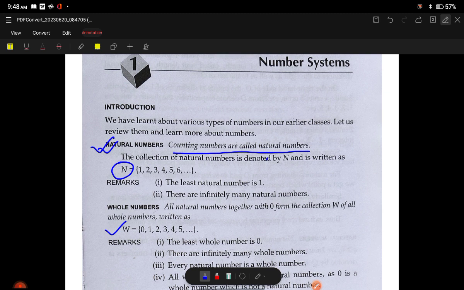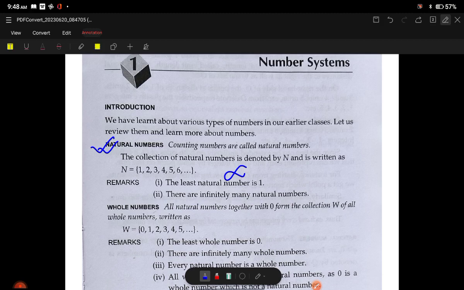It is always kept inside the braces, curly brackets. Starting from 1, 1 2 3 4 5, all these numbers are natural numbers. Natural numbers generally start from 1 and go to infinity, meaning they have no end. Any positive number you say is always a natural number. It is denoted by N for natural.